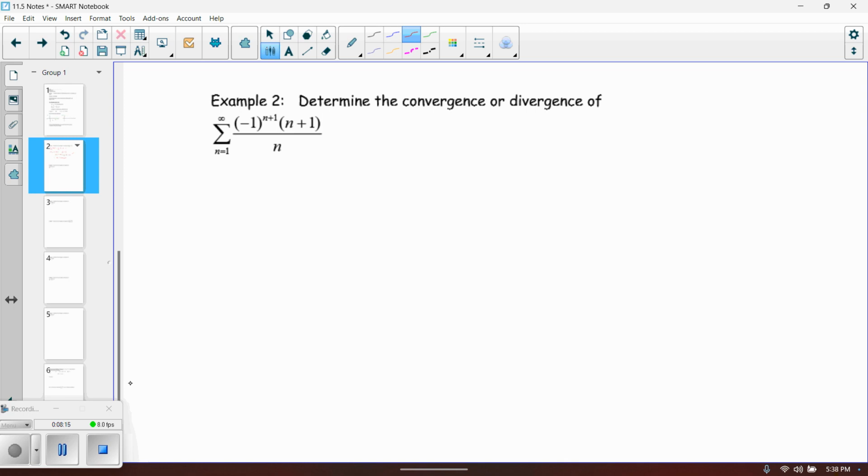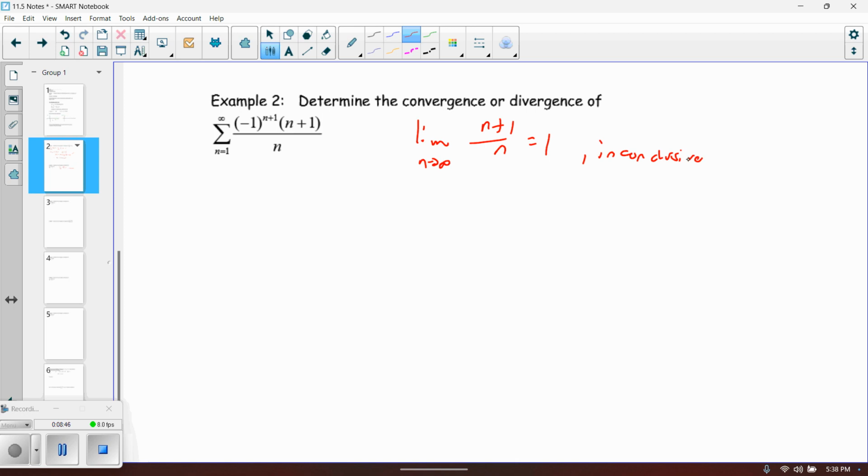So you could try starting with the alternating series test here, but when we do, you get the limit of the absolute value of a sub n, which is going to be n plus 1 over n. Well, that limit is 1. That is not 0. So this is inconclusive by using the alternating series test.